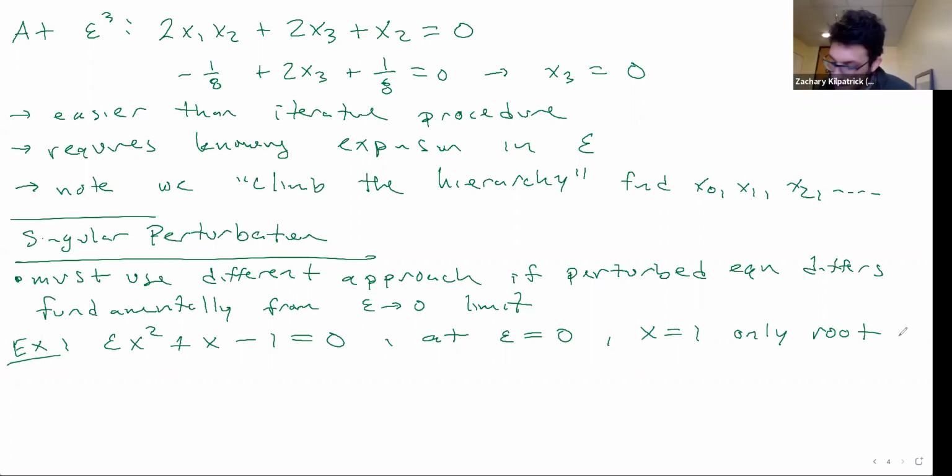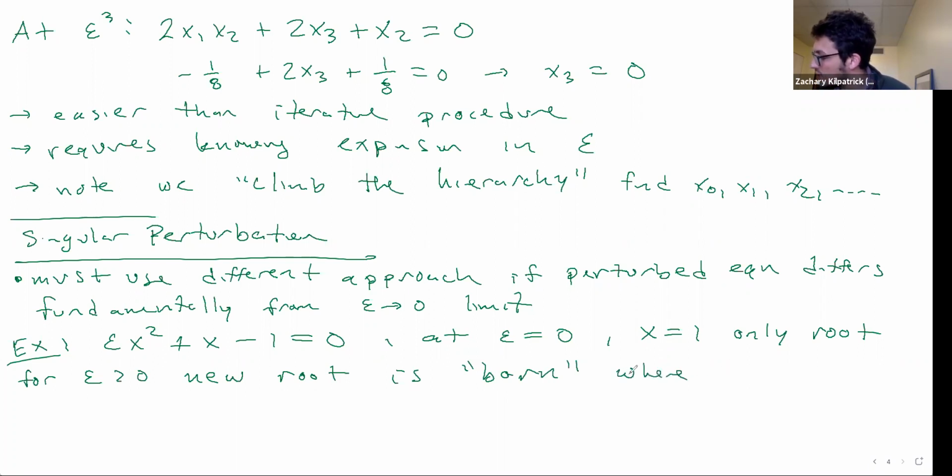And so let's just dissect that a bit to start with before we go back into perturbation methods in the time that we have left, okay? For epsilon greater than 0, a new root is, as I was saying, born. But the question is, where from, right?